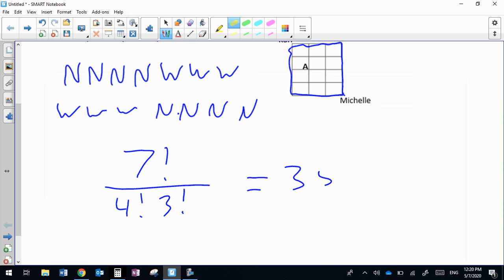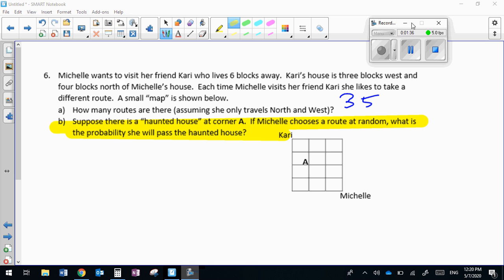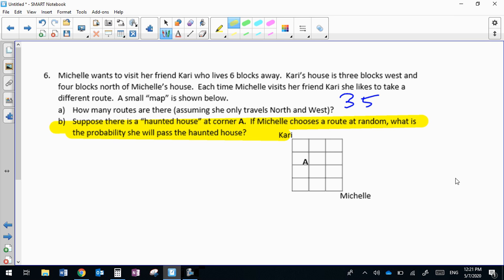Okay, so let's take a look at part B. So we know there's 35 total routes, but how many of them go through point A? Okay, so we need to think about, of those 7 paths, if she goes 2 blocks west and 2 blocks north, for example, W, W, N, N, then she'd go past the haunted house.